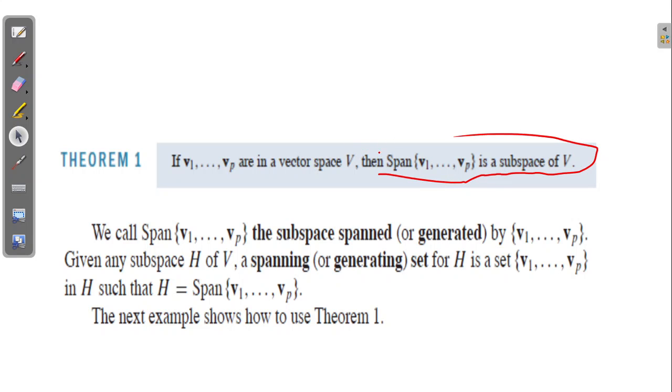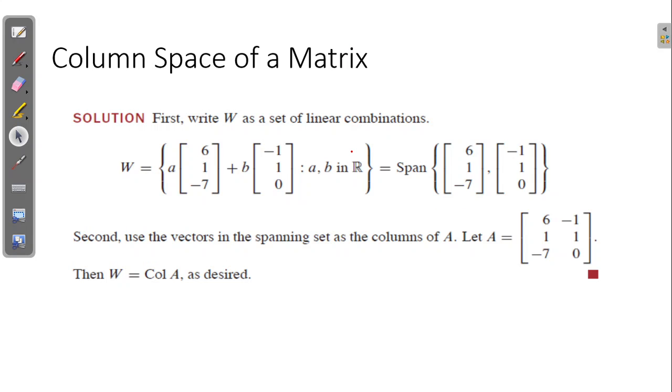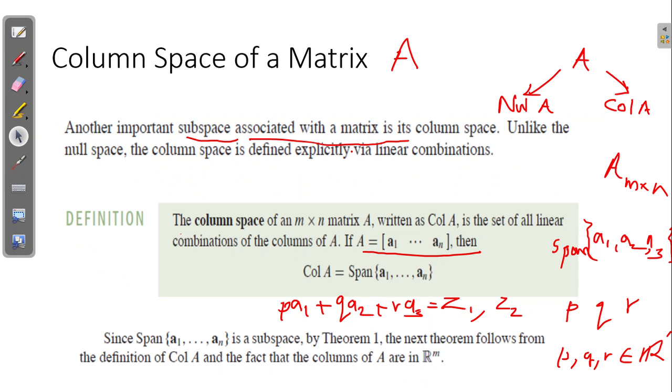Similarly, we are applying this theorem to col A, the column space of A. Why? Because the column space of A is the span of a1, a2, ..., an. If you can write something as the span of some vectors, then it is a subspace.